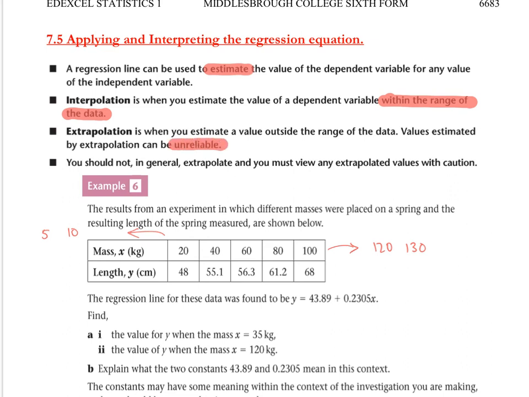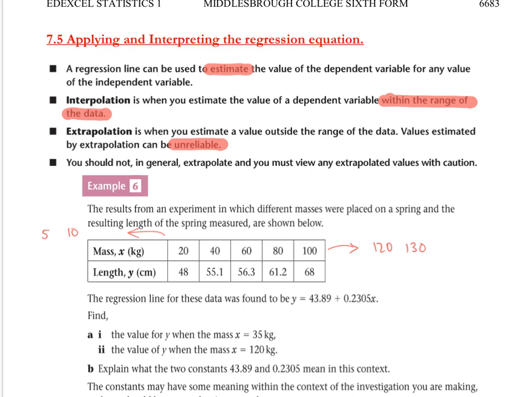And why should that be? Because the values beyond the data that you've got may not follow that pattern. If you think about the mass and the spring there, the resulting length is shown in this table here in example 6, the spring has a certain elasticity. So if you started to put on 120, 130, there might come a point where you put too much weight on it and it stretches completely and will not go back to its original shape.